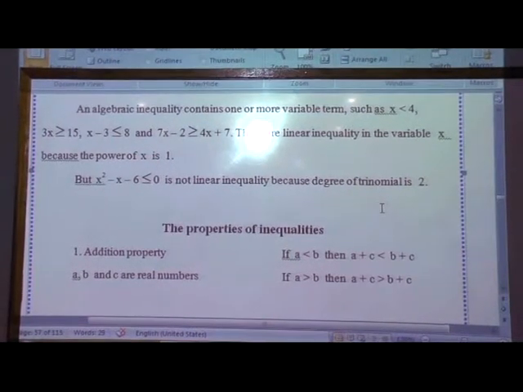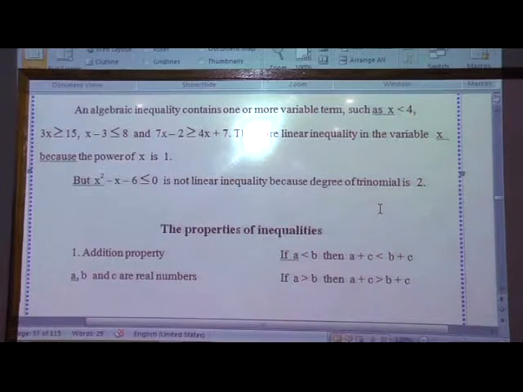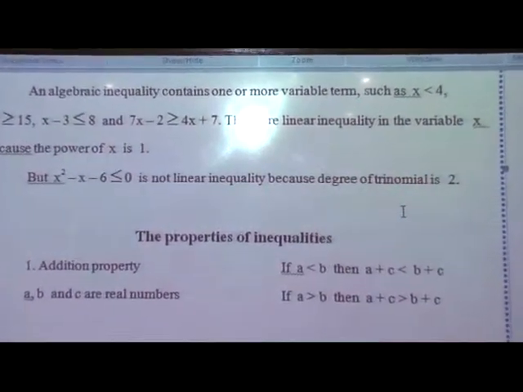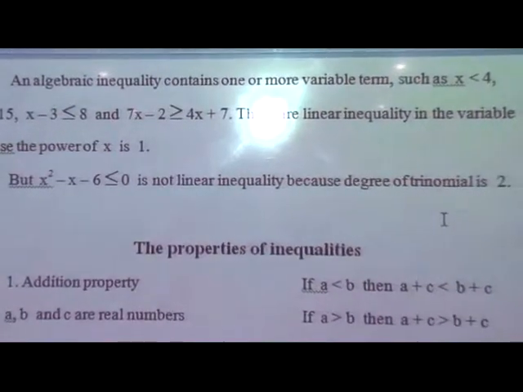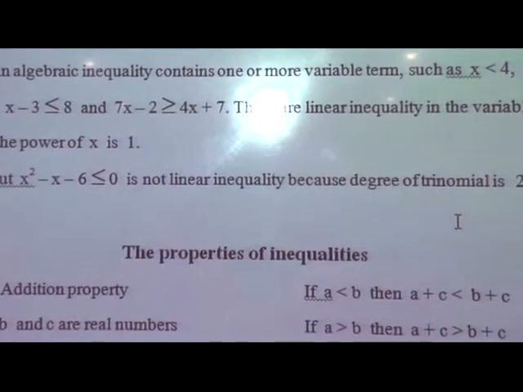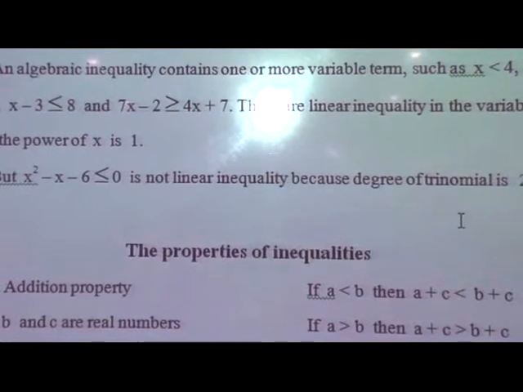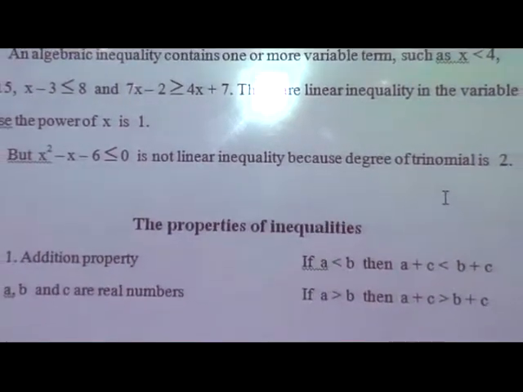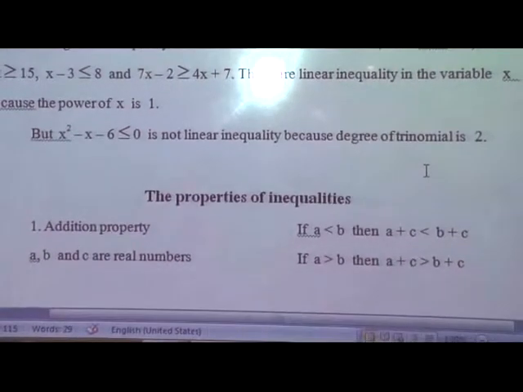But x squared minus x minus 6 less than or equal to 0 is not a linear inequality because the degree is not 1. For this chapter, we focus on linear, this means the power of x is 1.